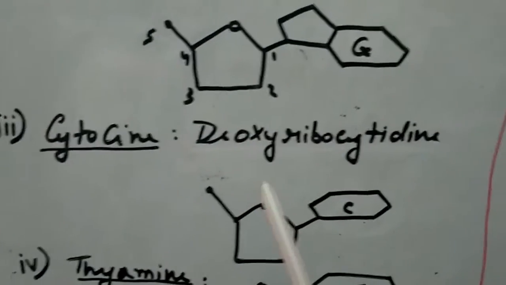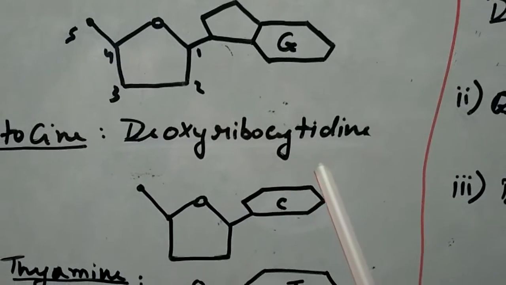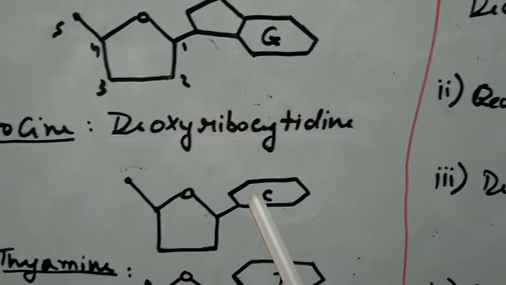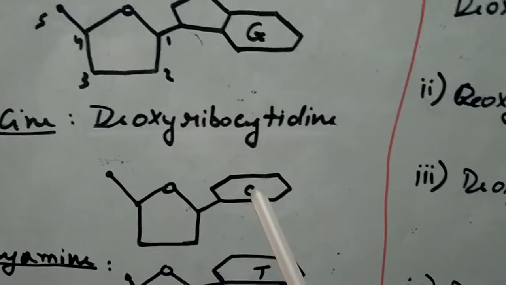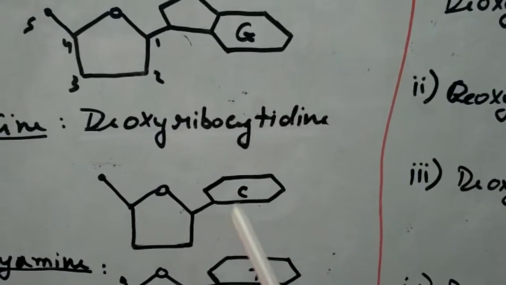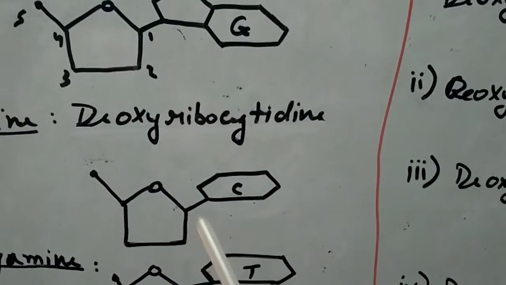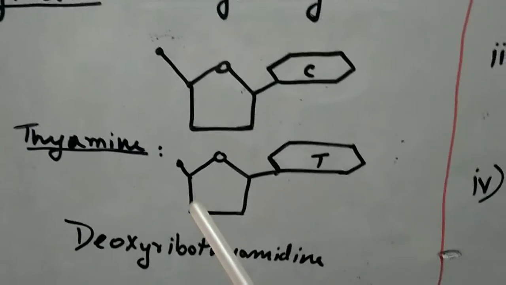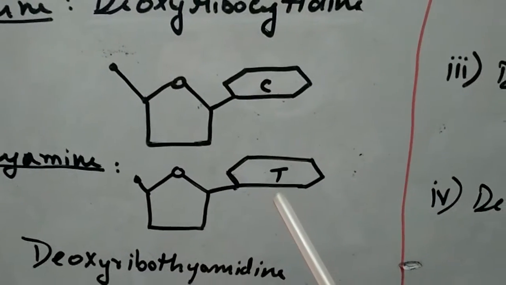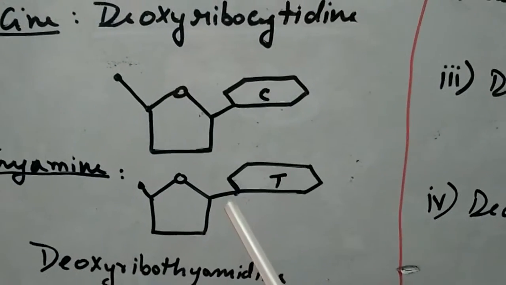The third type of nucleoside is deoxyribocytidine, and here cytosine, as you know, belongs to the pyrimidines, having only one 6-carbon ring. This is also attached to the first carbon of the ribose pentose sugar. And the final type is deoxyribothymidine. This also belongs to the pyrimidines, and is attached to carbon number 1 of the ribose pentose sugar.